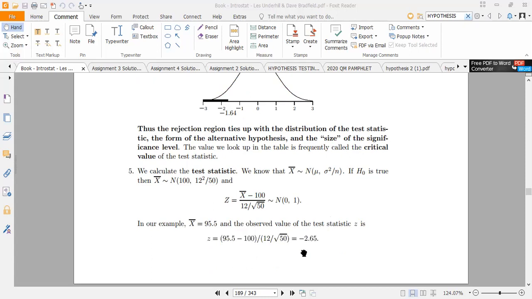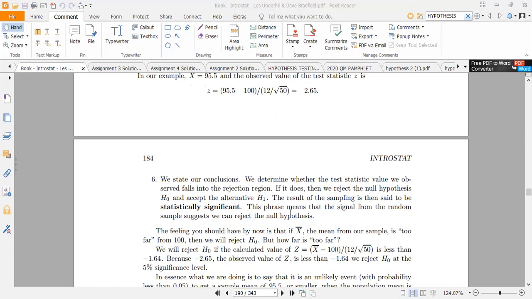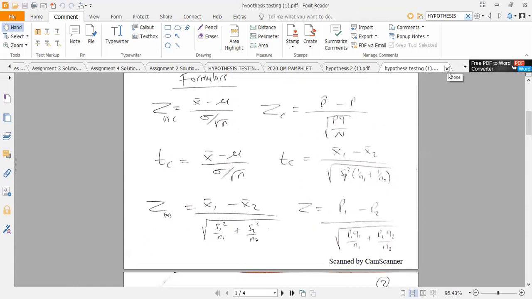Whenever the answer we get is greater than the tabulated figure, we would conclude that we are rejecting. Otherwise, we fail to reject. And the last step is making a conclusion and a decision, based on the answers that we would have gotten.